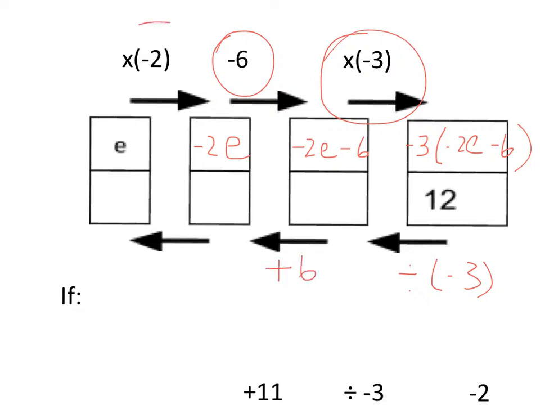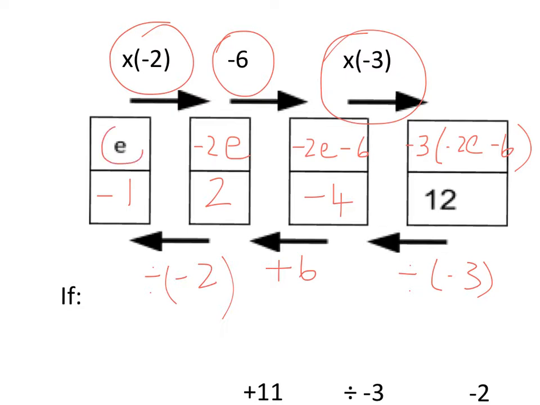And the inverse of multiply by negative 2 is divide by negative 2. So let's go ahead and plug that in. So 12 divided by negative 3 is negative 4. Negative 4 plus 6, remember we're adding, so we go up the number line, will give us 2. And 2 divided by negative 2 is going to give us negative 1, because remember a positive divided by a negative will always give you a negative.